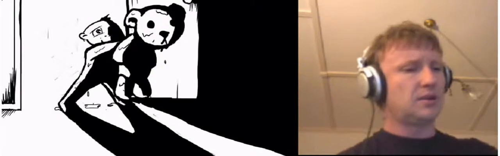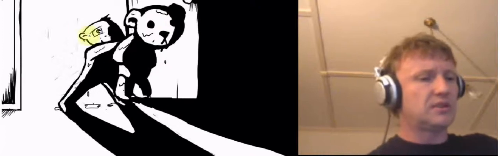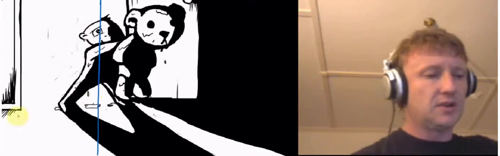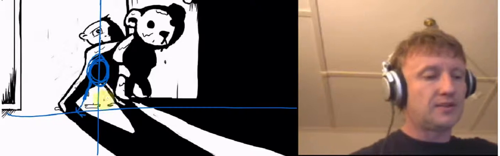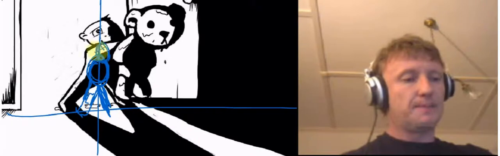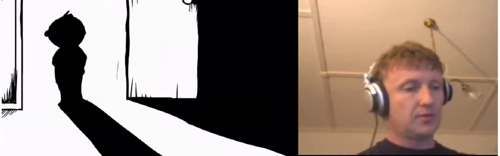I think maybe what's missing is the staging, because he's up here, and if you go back to your thirds, you may want to have him down and smaller on this side. Or maybe even lower down.